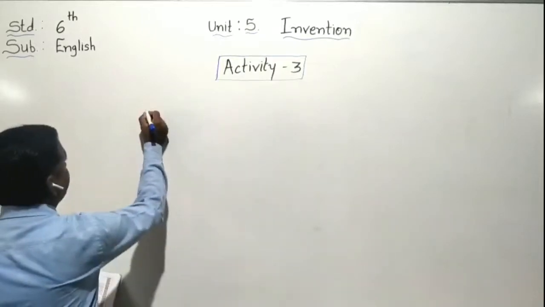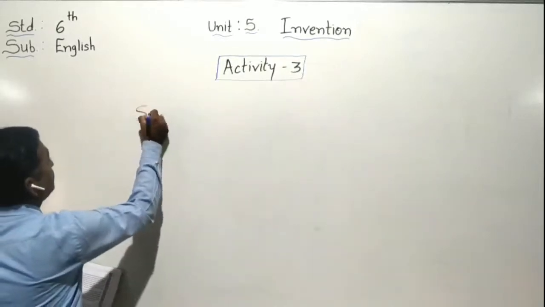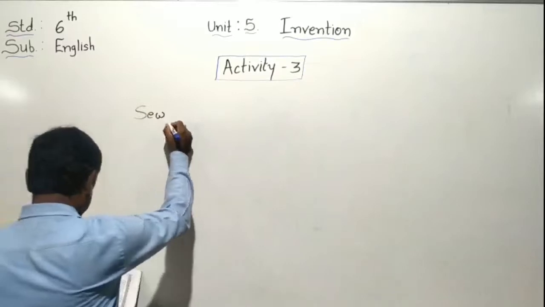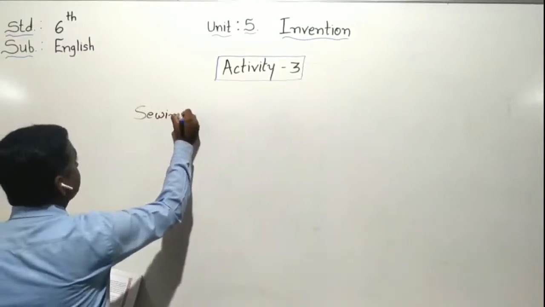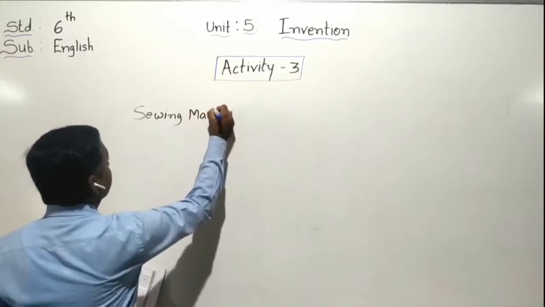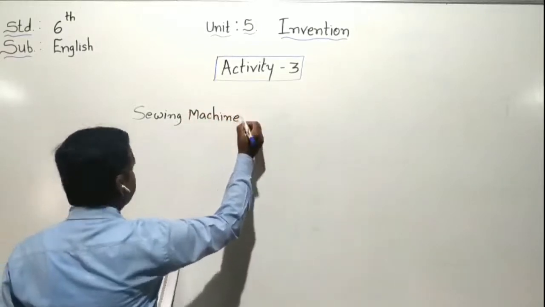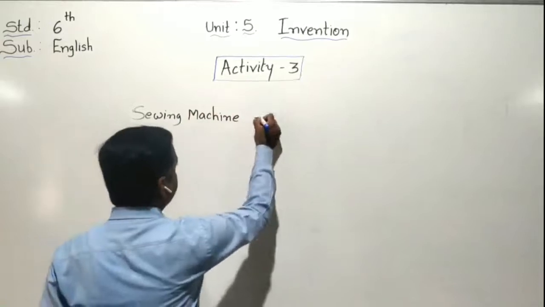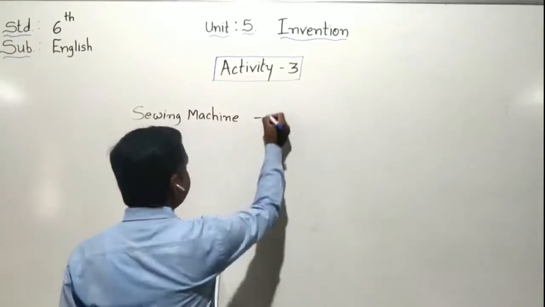Here first one is sewing machine. Opposite side you have to write stitching. For what is it used?